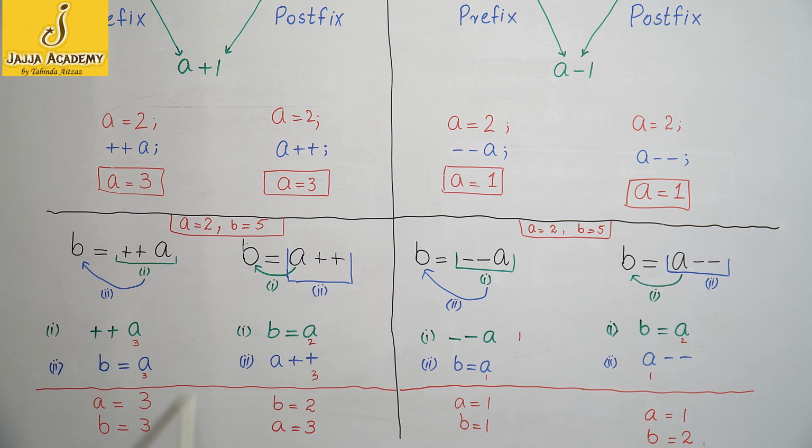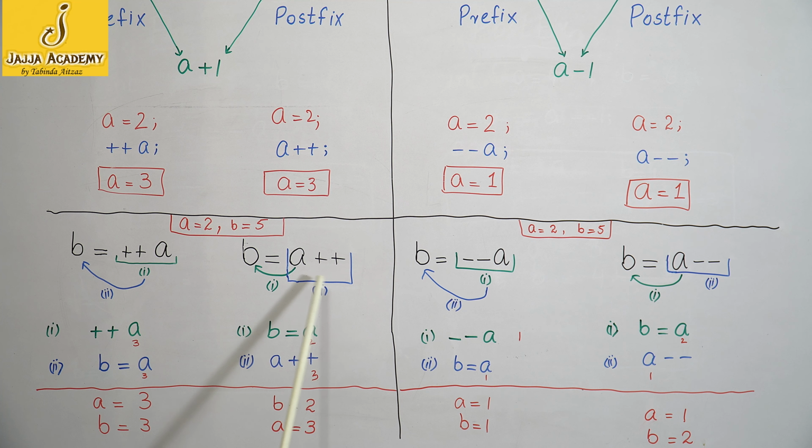Now let's see the postfix increment operator. As it is postfix, it will be executed later. In the first step of the execution of this statement, the value of variable a will be assigned to the variable b as shown here, and in the second step, the value of a will be increased as shown here.